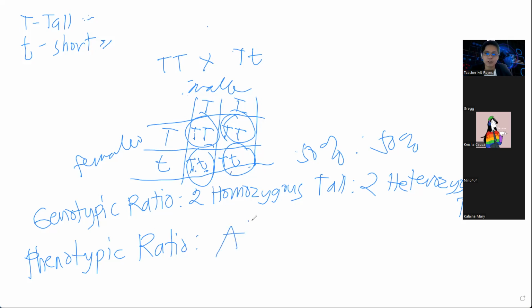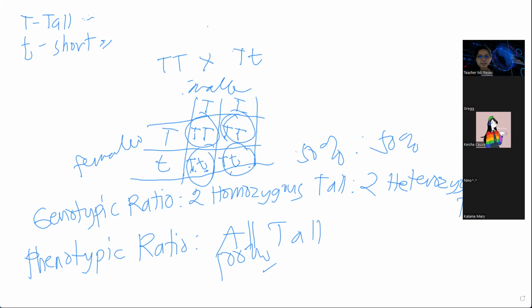They are all tall, regardless of the genes that they actually contain. So this is 100% tall.